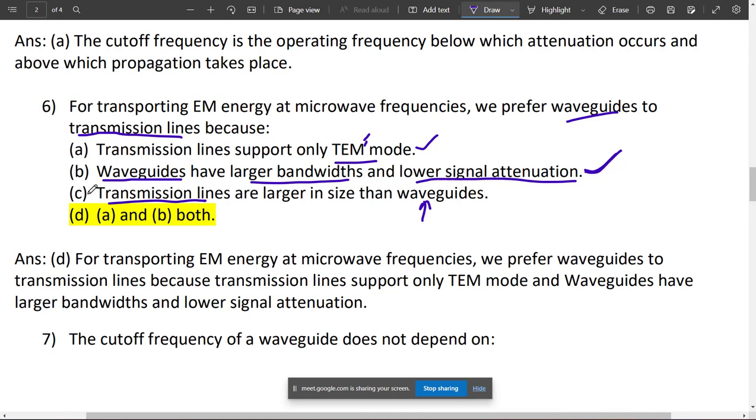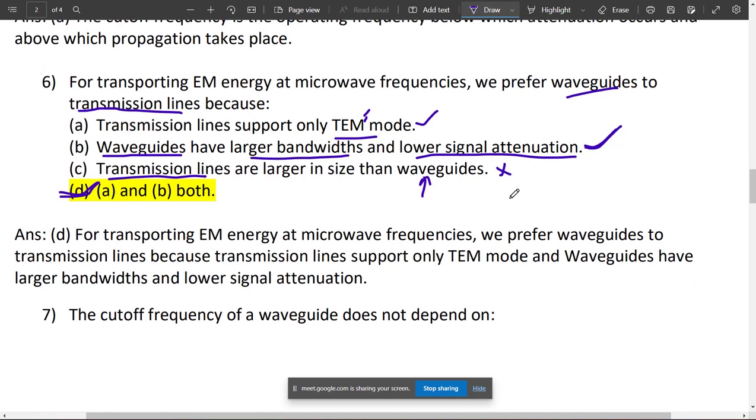But they do not provide other modes and better bandwidth, so that's why we choose waveguides. समझ में आ रहा है? This is wrong.